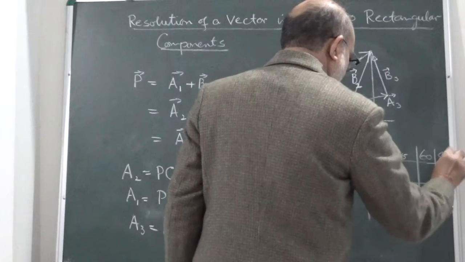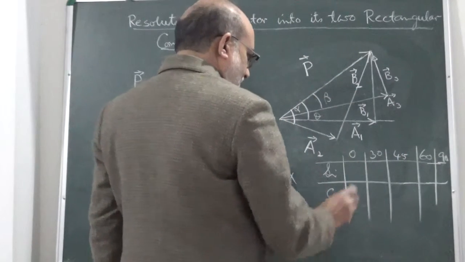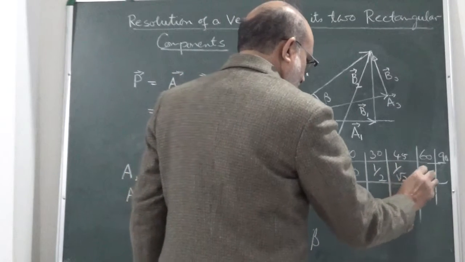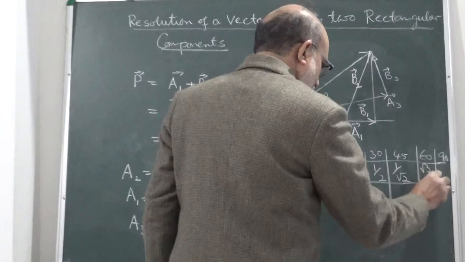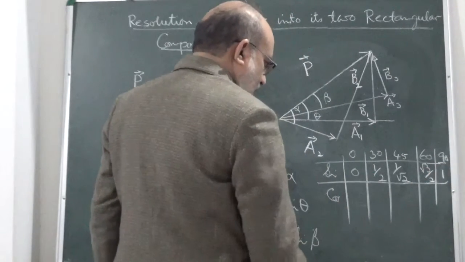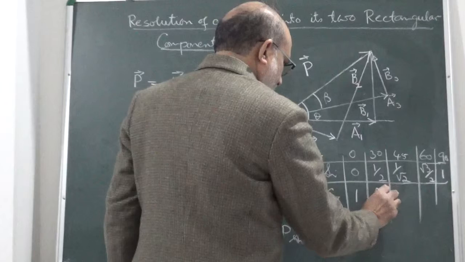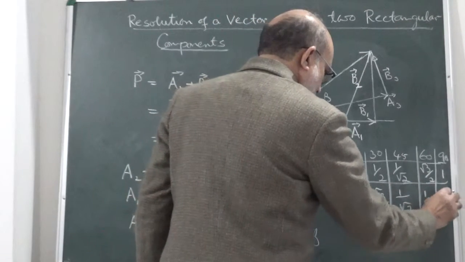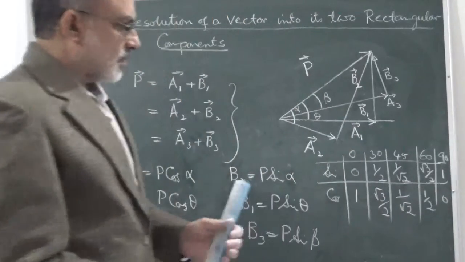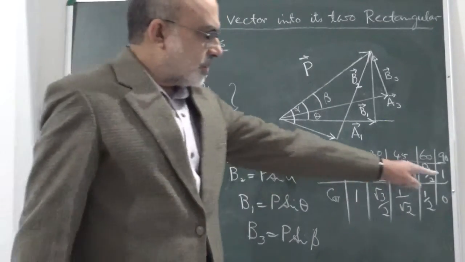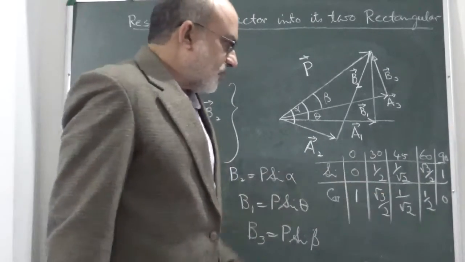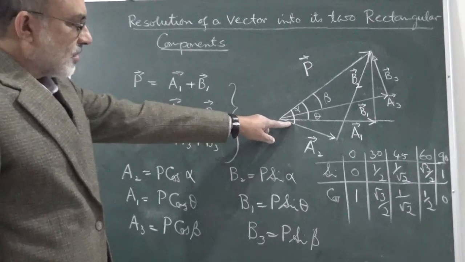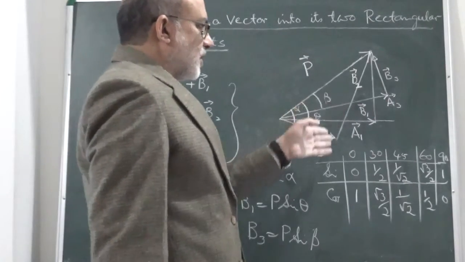Sine 0 is 0, then 1 by 2, 1 by root 2, root 3 by 2, and 1. The value of cosine is 1, root 3 by 2, 1 by root 2, 1 by 2. So as the angle increases, the value of sine increases and cosine decreases. The larger the angle, the smaller the cosine component and the larger the sine component.